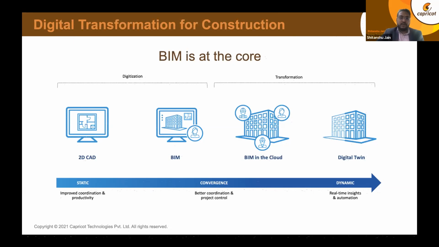And of course, going forward, it will become more of dynamic interactions between all the stakeholders. So I don't have to wait for an email or a hard copy of a drawing or a model to see what is happening. In real time, I can see what is happening on my project, be it during the design phase or the construction, and then the operations and maintenance phase of the project.